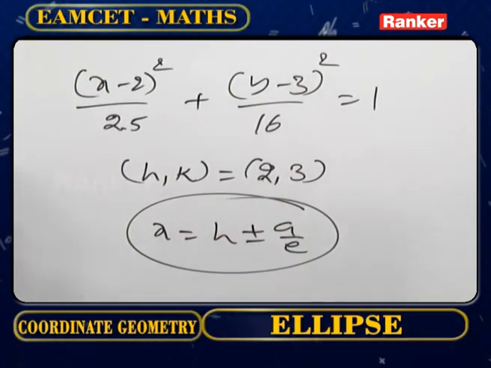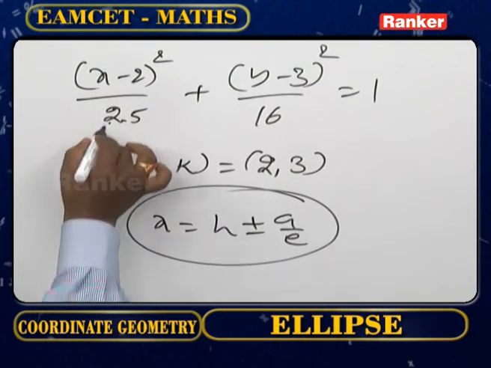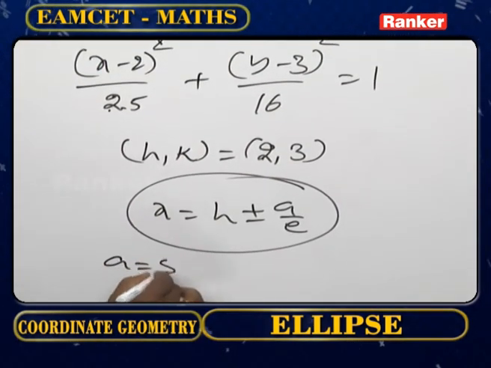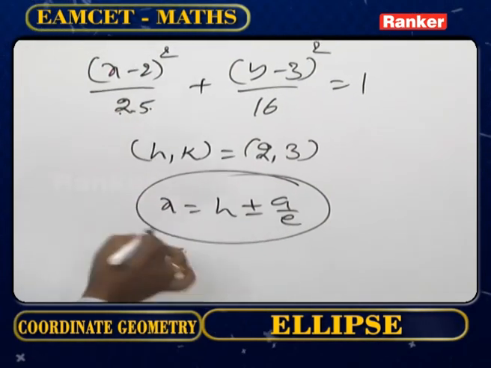Here h equals 2, a square equals 25, then a equals 5.